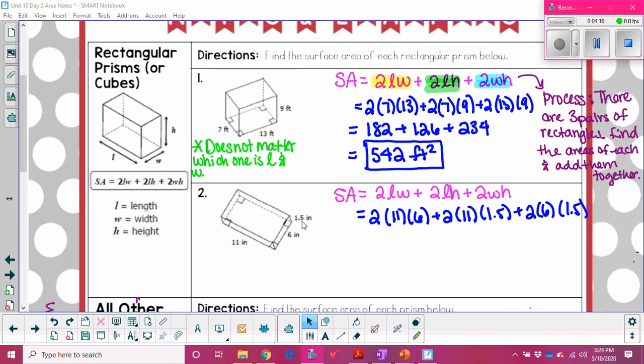That means you should get 132 for this one, 33 for this one, and 18 for these two together. You add all 3 of those together and you get 183 square inches. I was saying feet, but they were inches, sorry. So 183 square inches.